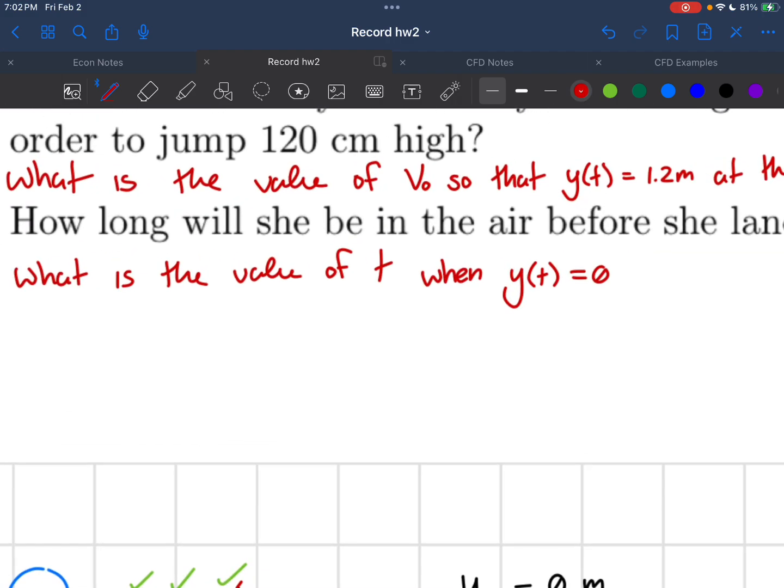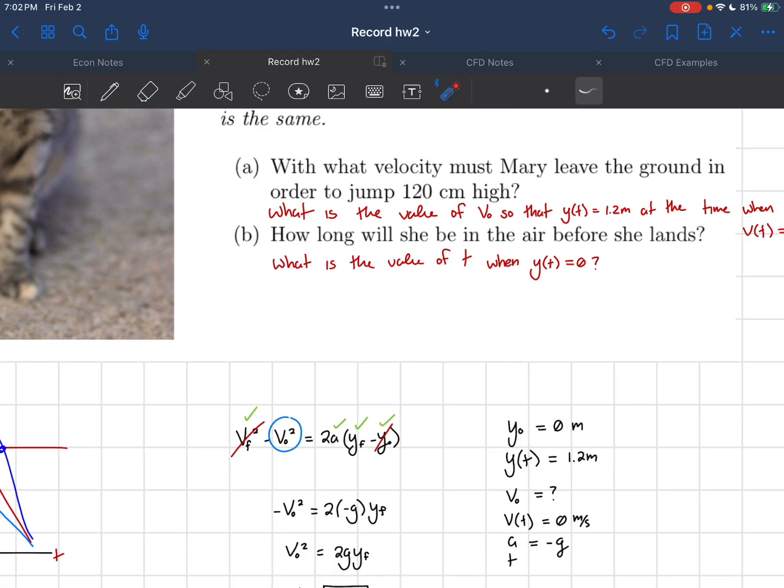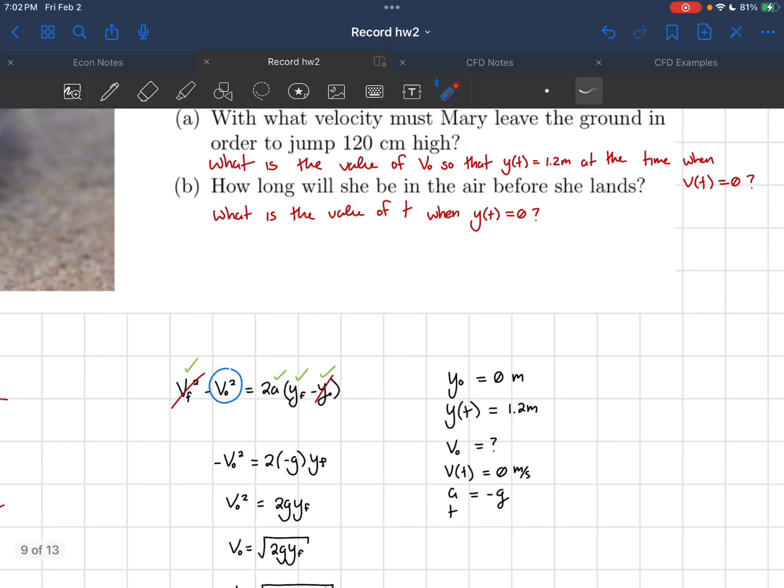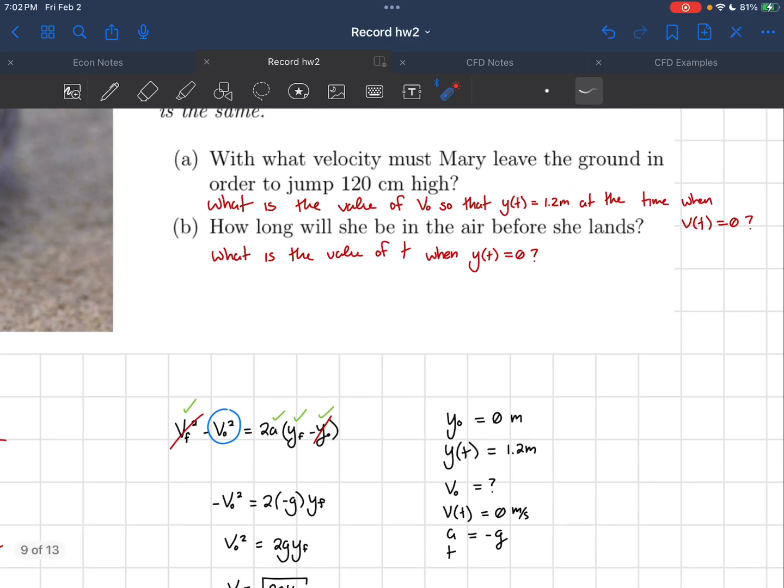I could have used that expression for time to get the time to the apex, I just would have had to plug my v naught back into that. But I'm not asked the time that it takes to get to the apex. I'm being asked to solve for the time until she lands again.